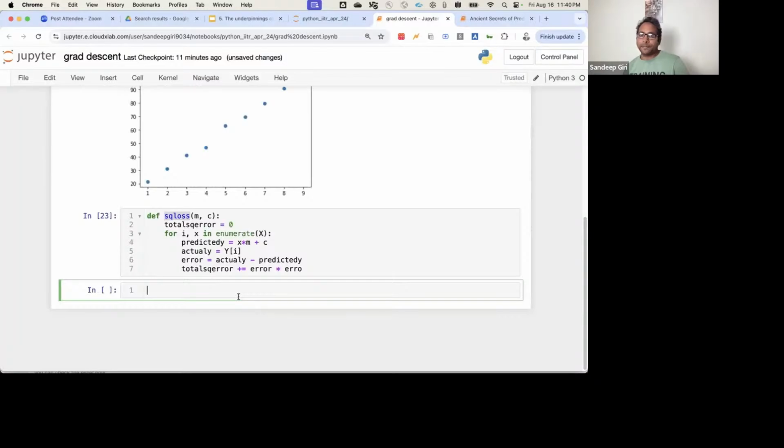All right. Now, we are going to compute the rate of change. We are going to define a function. This is the function.